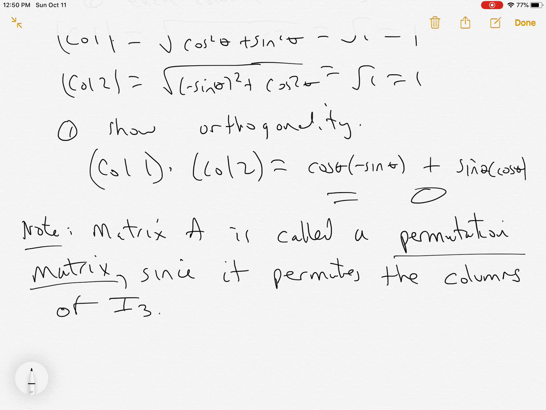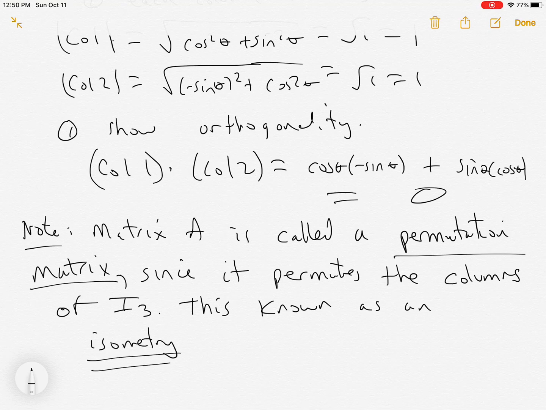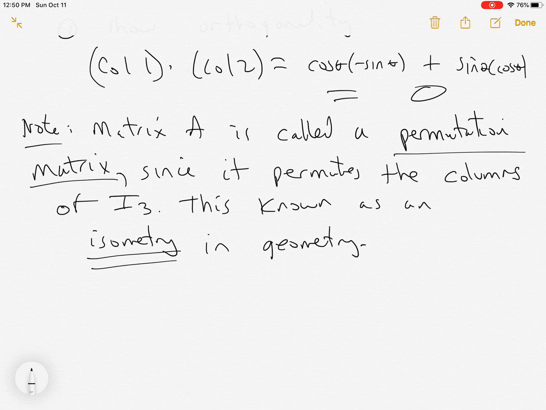And this is known as an isometry in geometry, which we'll talk about at length later on in the course, but this is sort of the first place where you see it.